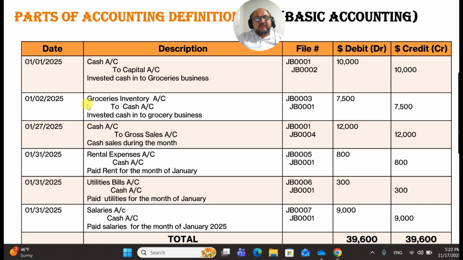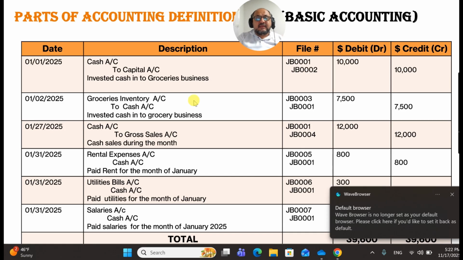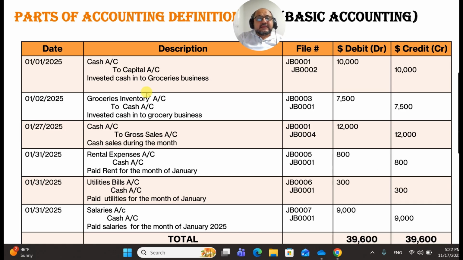January 2nd, 2025, groceries inventory account, that was 7,500, and to cash account, that was 7,500. Here, both of them are assets. These are the business items he has purchased.